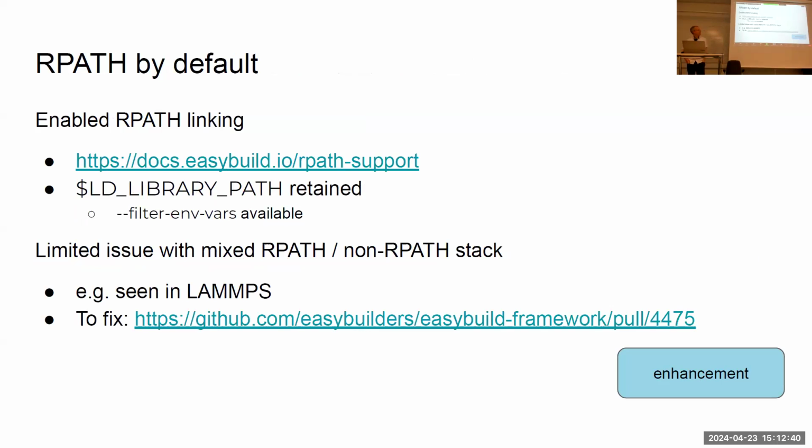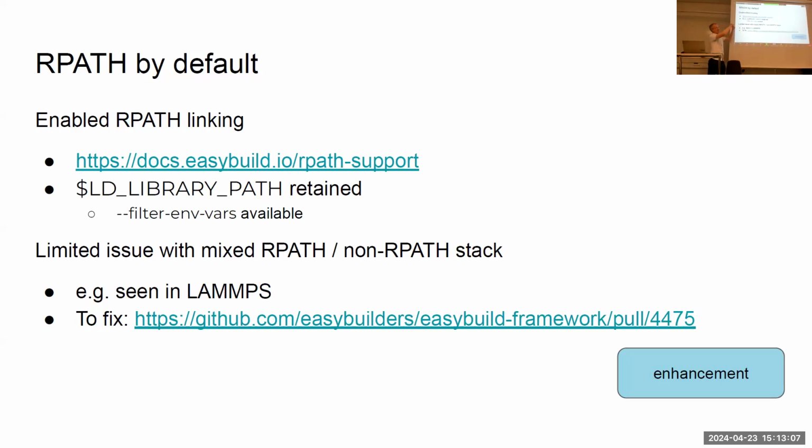Now, I've put this as an enhancement. There's a slight breaking change here, but hopefully not. We will be enabling RPath linking by default. There's already quite good documentation about what RPath is and what the support is. If you want more information, go and read that because it links out to there. We are, however, by default, going to retain LD_LIBRARY_PATH.